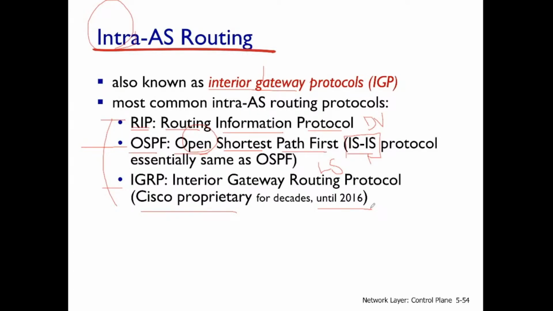If you recall, in software-defined networking, routing is all done in the remote controller on powerful machines. So the routers in SDN pretty much do generalized forwarding, allowing the flow table to be installed, and that's pretty much all. There's no need of running routing algorithms on individual routers. So starting from 2016, Cisco stopped maintaining IGRP because there's very little need of doing routing inside the router.